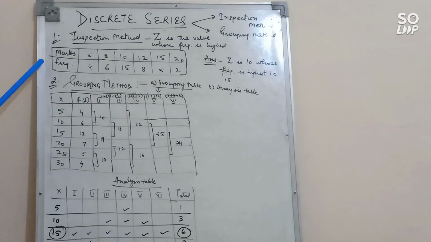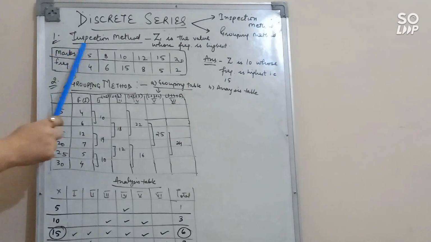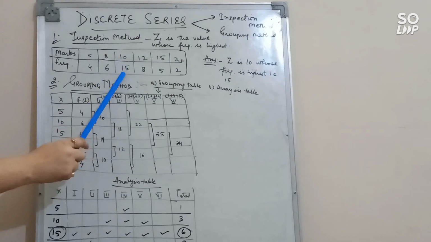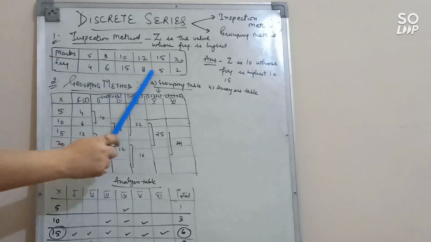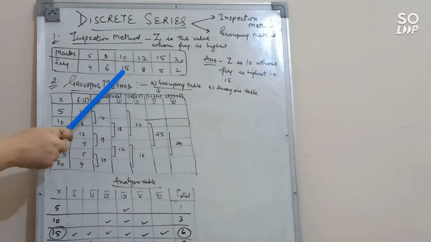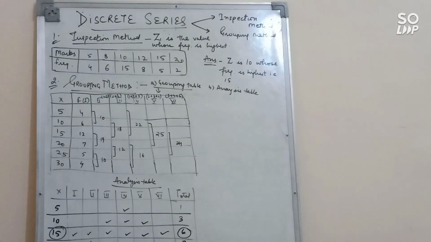Let's take one example. Marks and frequency are given. We just check which value has the highest frequency. 10 is the value whose frequency is highest. So 10 will be your mode. Clear? It is very easy to find mode under discrete series with the inspection method.